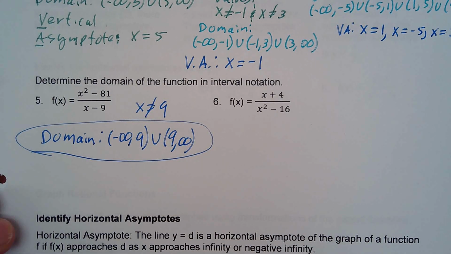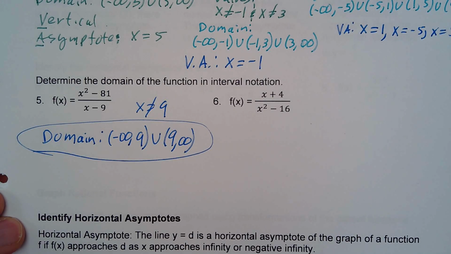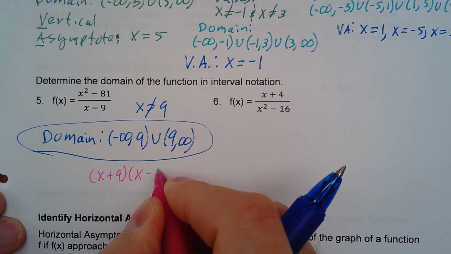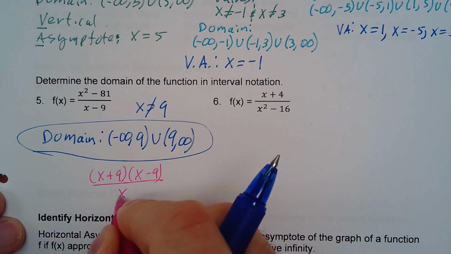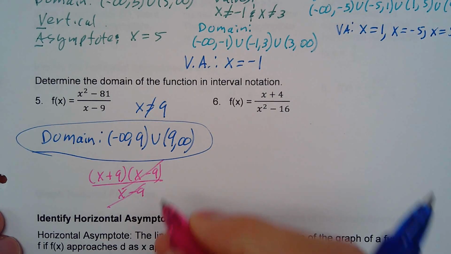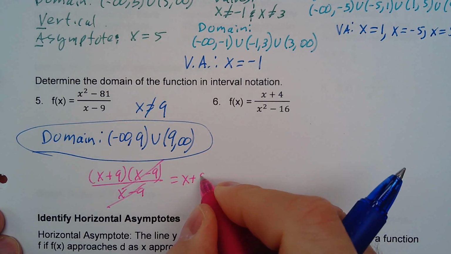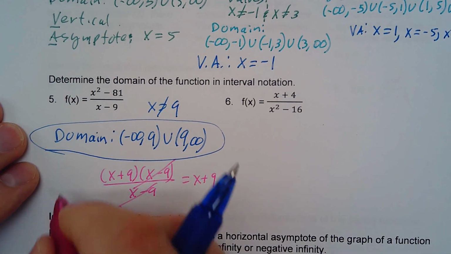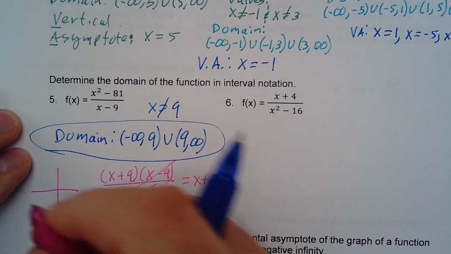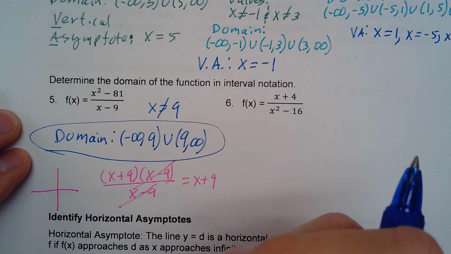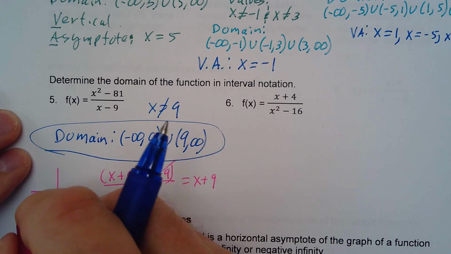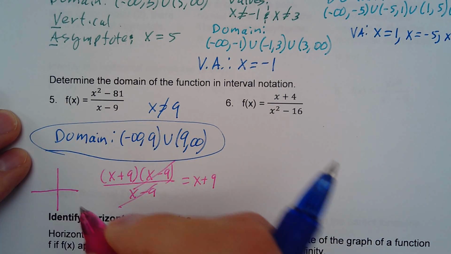I don't care if anything reduces or not, because all I'm going after here is the domain. Now in reality, if you factor that numerator, those would reduce and you would just get x plus 9. And so what your graph actually would be is a linear equation. It would look exactly like the linear equation except at x equals 9.